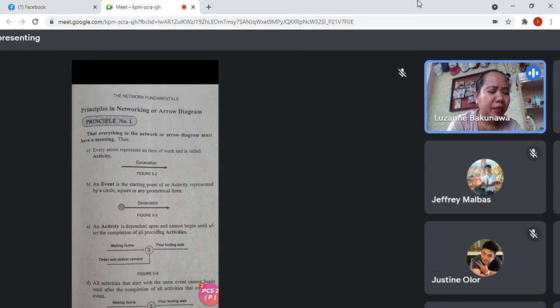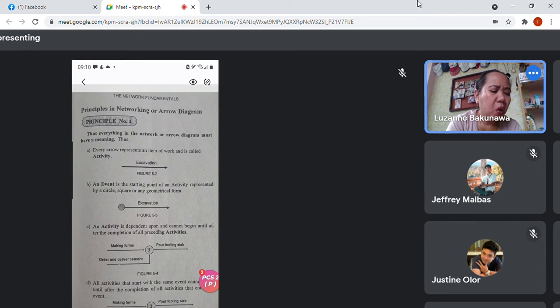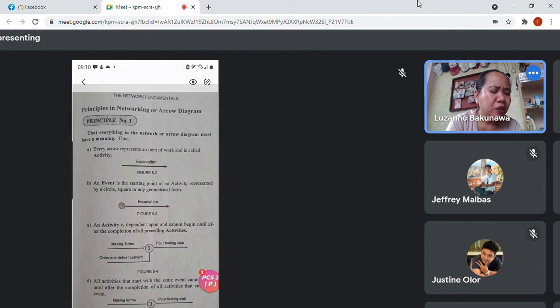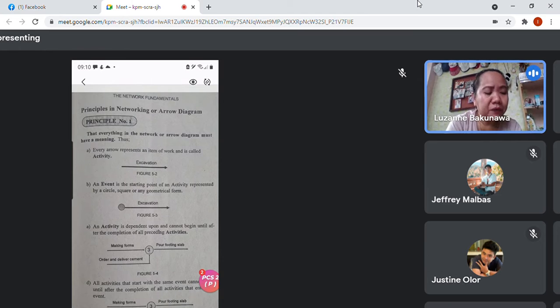An activity is dependent upon and cannot begin until after completion of the preceding activities. Let's say, for example, making forms and order and delivery of cement. Here, this is event 3. What will come next? Pouring of slabs.